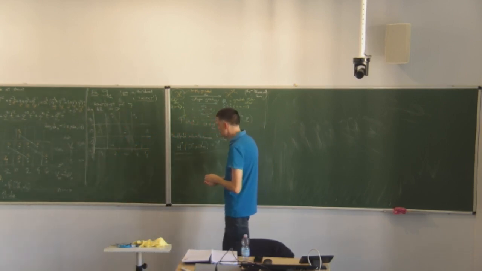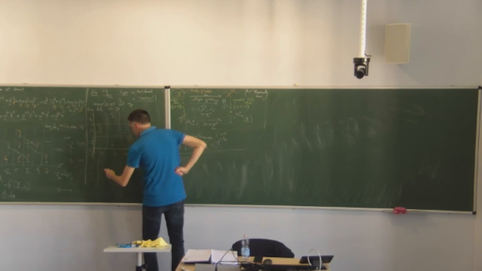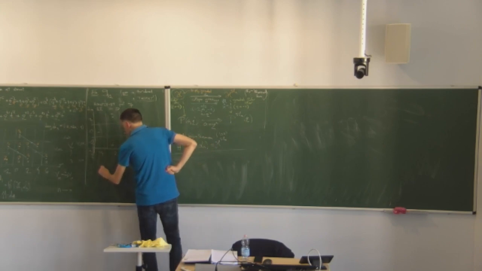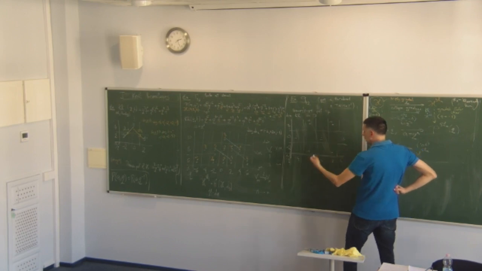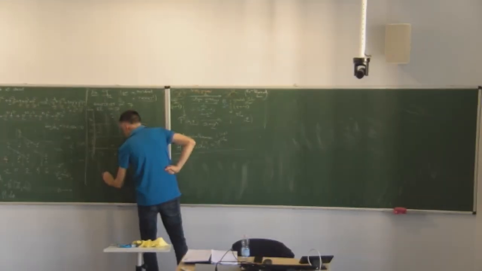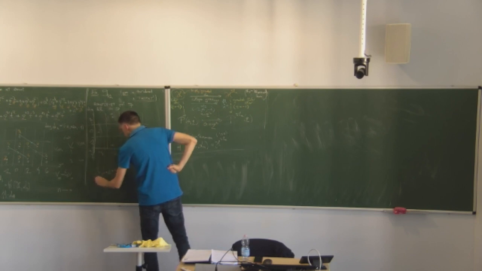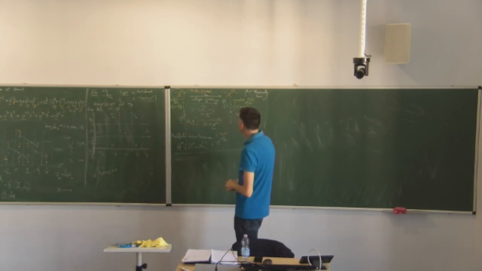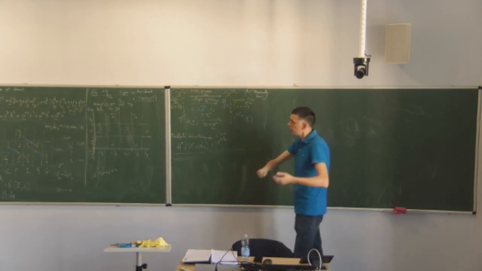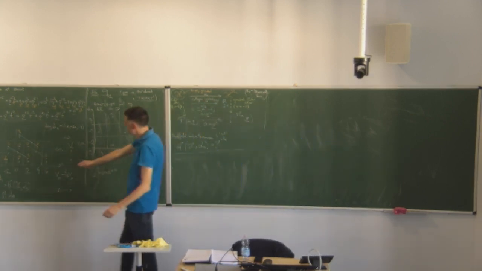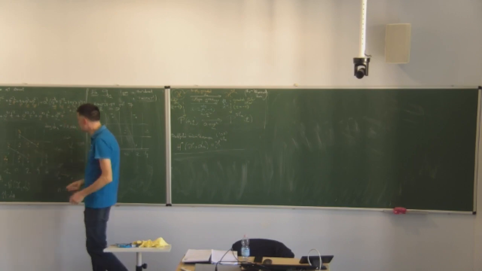For people who are not familiar, a differential is a map, so that the composition with itself is 0. You want d squared to be 0. So all these maps are not just maps. In this case it was very easy, because nothing composes with anything, so of course applying twice is 0.